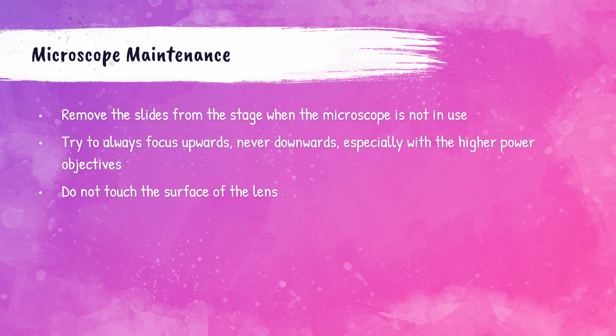The scope should be focused upwards, not downwards, especially when you're working with higher power objectives. This means you want to start with a lower power objective and work your way up to a higher power objective. Lastly, never touch the surface of the lens. This can damage it. Microscopes are, of course, very expensive pieces of equipment and should be treated with care.